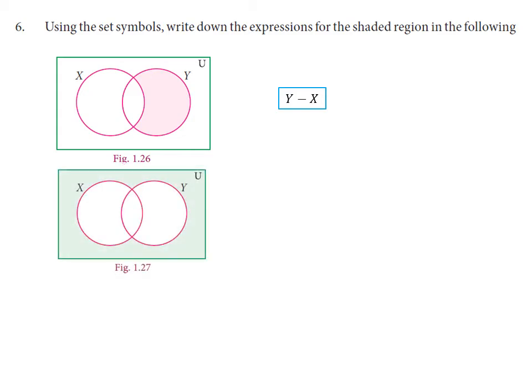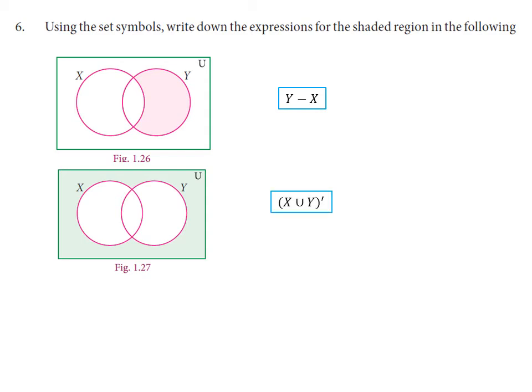Next one. In this they shaded the universal set without X and Y. So they shaded only the universal set, leaving X and Y. So this is X union Y whole dash, because other than X union Y they shaded.